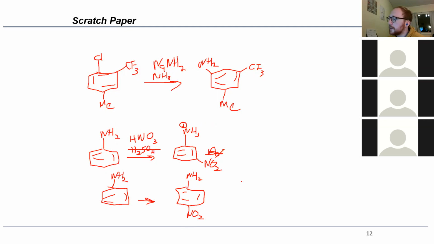So why is that? Well, in nitric acid, the protonation equilibrium lies very heavily on the side of nitric acid.